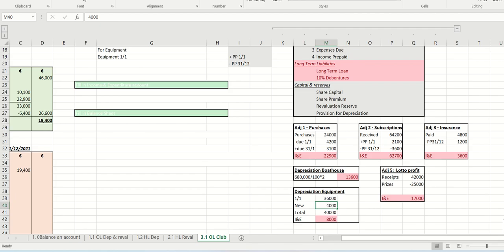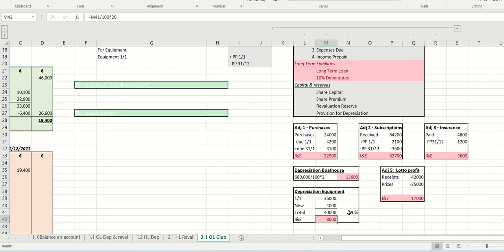Okay, so 36 plus 4 was 40,000. And then we're calculating our depreciation at 20%. So it's going to be 20% of this number, equal to 40,000 divided by 100 and multiplied by 20. So that gets us 8,000 for our equipment.